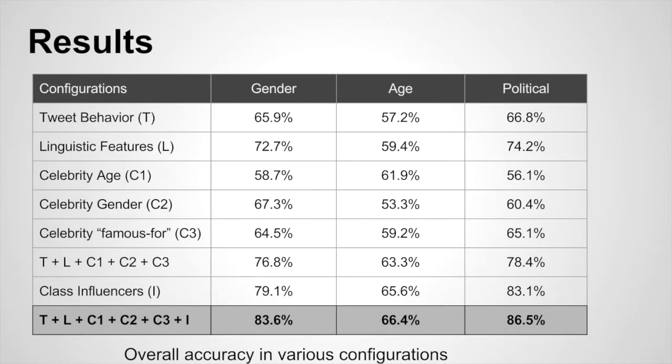In this slide, you can see the various configurations of our experiments and the resultant accuracy of each experiment. We can clearly observe that tweet behavior-based features were not as impactful as linguistic features. Celebrities' gender was useful for gender classification, while the famous for category had greater impact on age and political dataset.